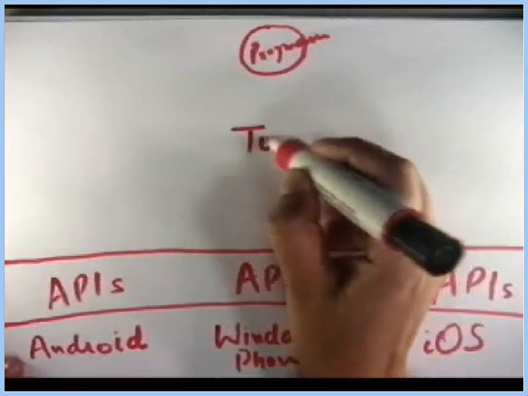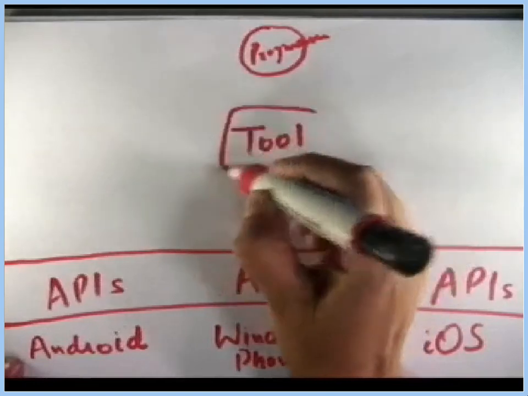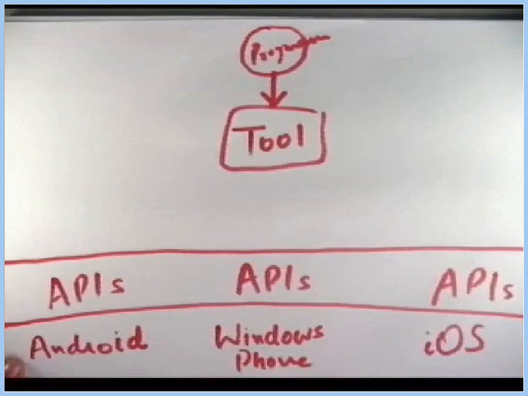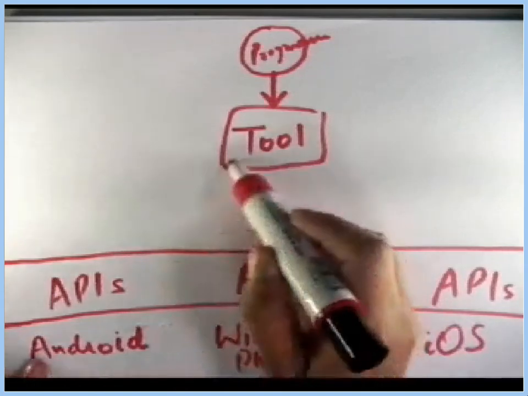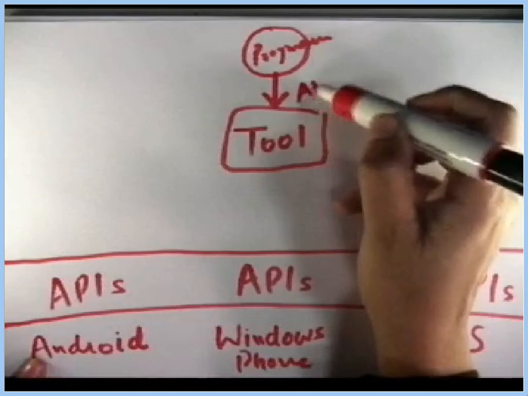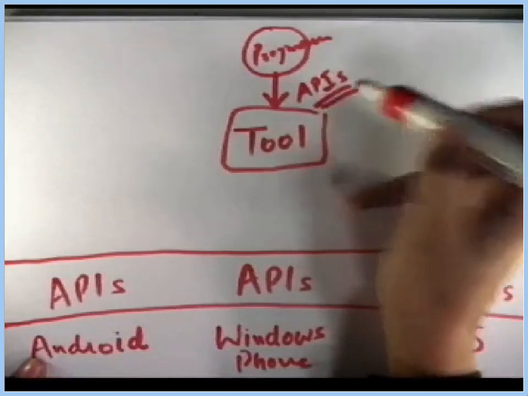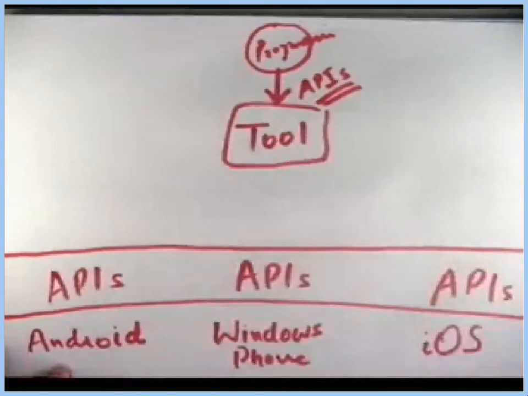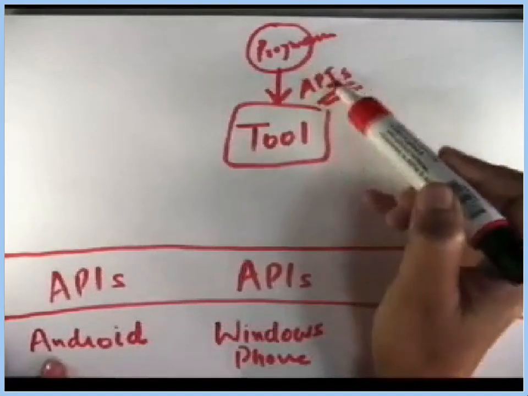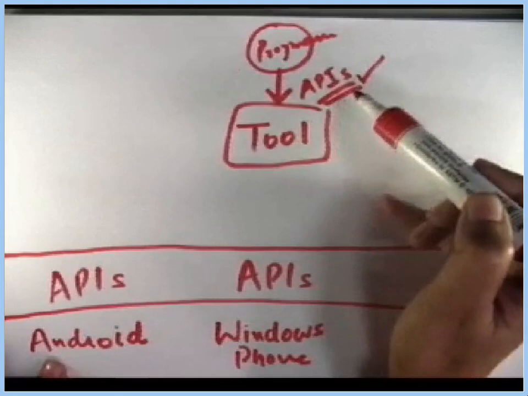Now, what will this tool do? It will take the program in whatever language I have written, and then it will convert that program into these APIs. So this tool provides some APIs of its own. When I write this program, I write the program using these APIs which the tool is providing me.